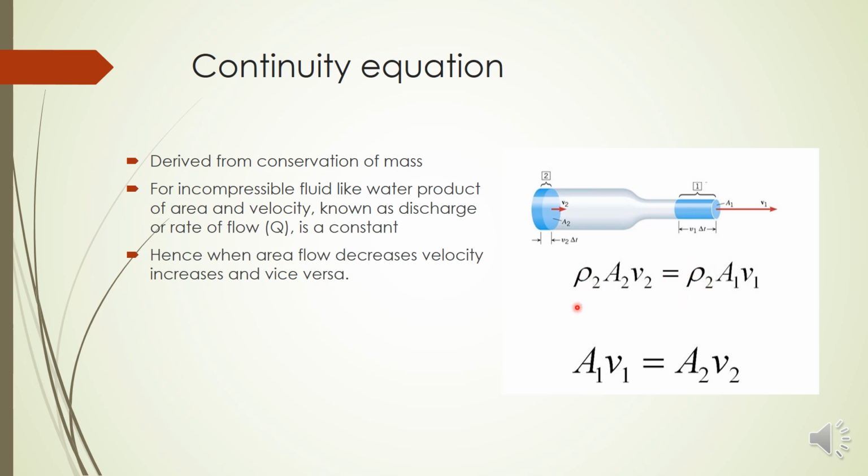So that means only area into velocity for an incompressible fluid like water, area in any section into velocity in that section is constant. So if the pipe is decreasing its area, its velocity must increase. So that means velocity will increase when pipe area decreases.